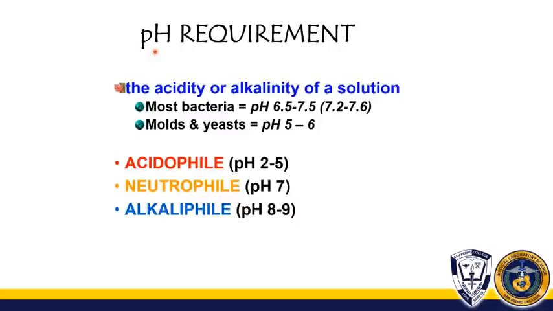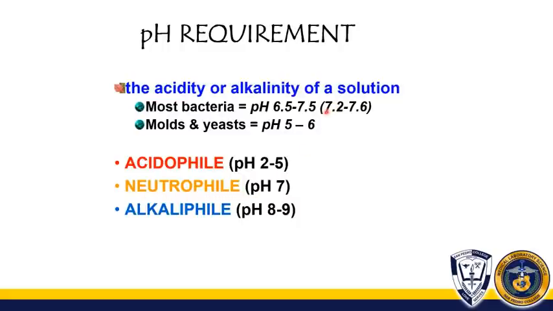Microorganisms which grow at an optimum pH well below neutrality, that is below pH 7, are called acidophiles, and they grow optimally between pH 2 to 5. Those which grow best at neutral pH are called neutrophiles. So most bacteria belong to this category.